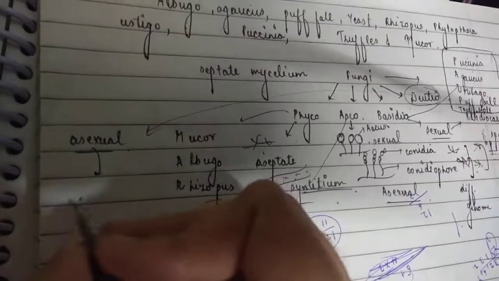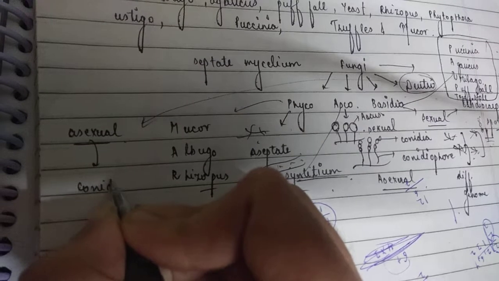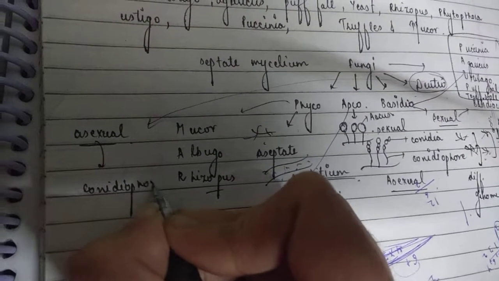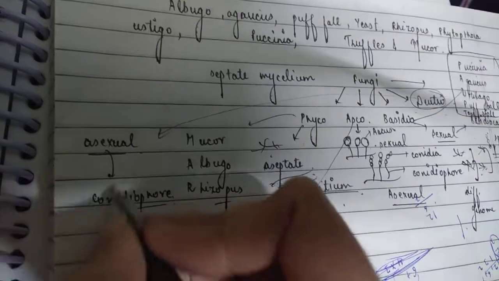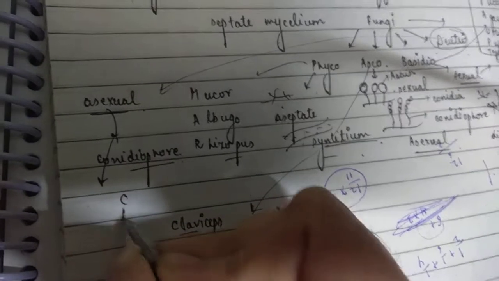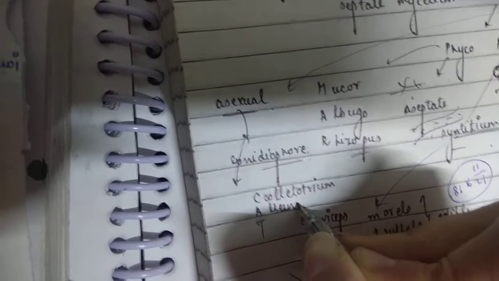They also have conidiophore like the Ascomycetes. You simply learn the Deuteromycetes examples by the mnemonic CAT: Colletotrichum, Alternaria, and Trichoderma.